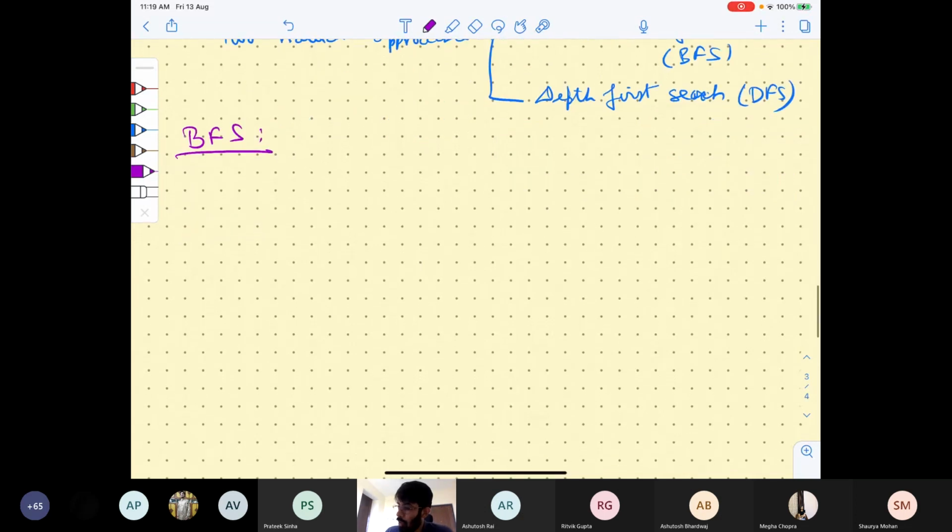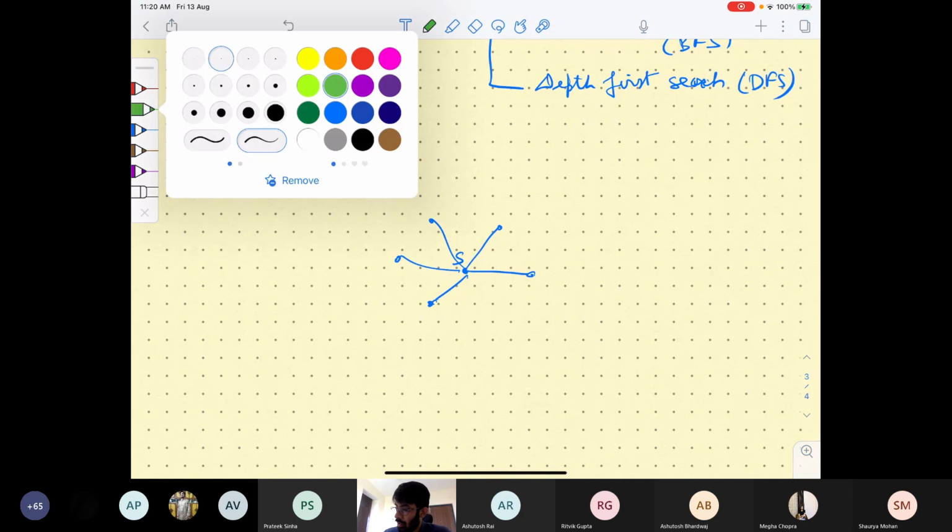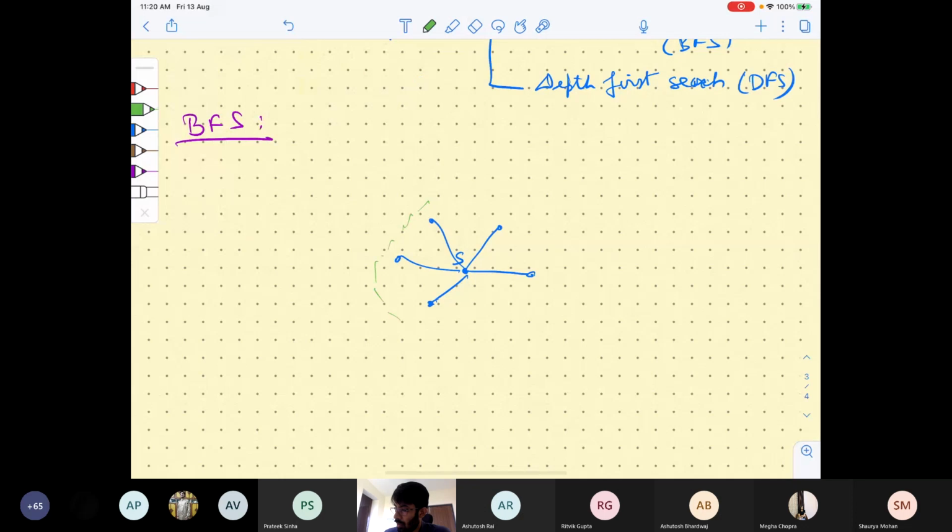So what do we do in BFS? We start with S. So S is our starting node. We look at all the neighbors of S, which are at just distance 1 from S, right? So we first visit all the neighbors of S, and this is one layer, okay?